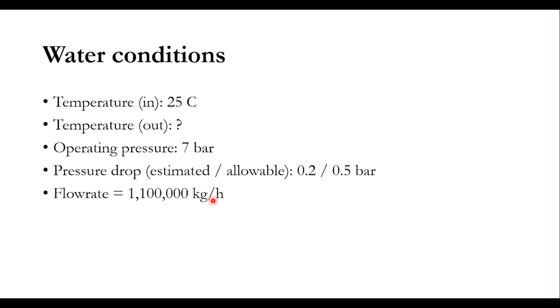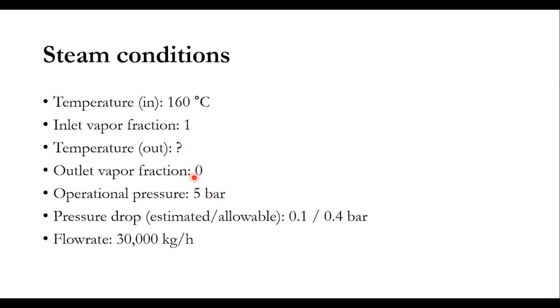But if you see, we have been given the vapor fraction of the outlet steam. Based on this outlet vapor fraction, which is 0, and the allowable pressure drop of 0.1 bar, meaning 4.9 bar, Aspen will predict using degree of freedom analysis. If you remember our previous videos on Aspen Plus and Aspen HYSYS, when we define a stream, we need to specify either temperature and pressure, or temperature and vapor fraction, or pressure and vapor fraction.